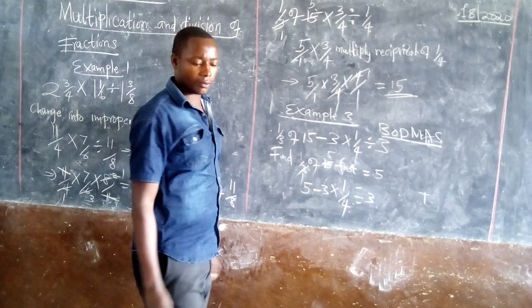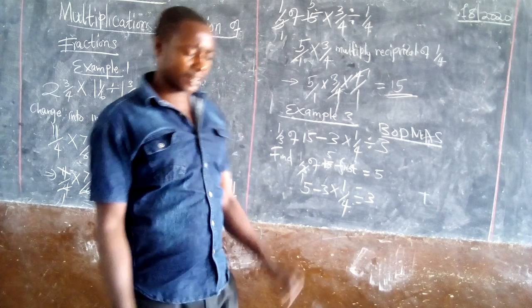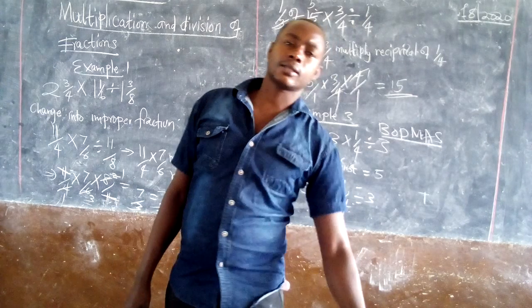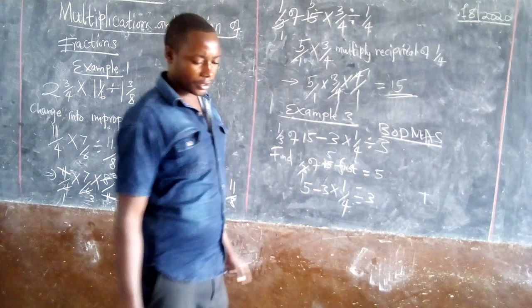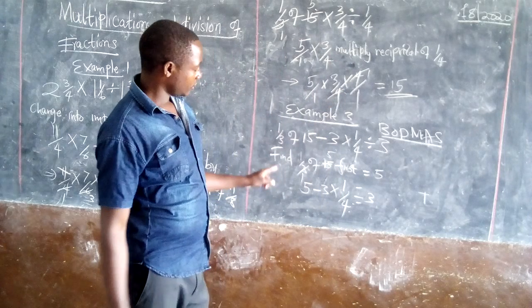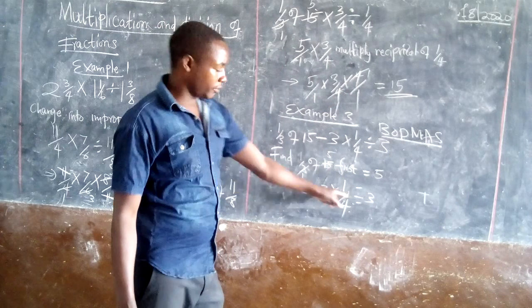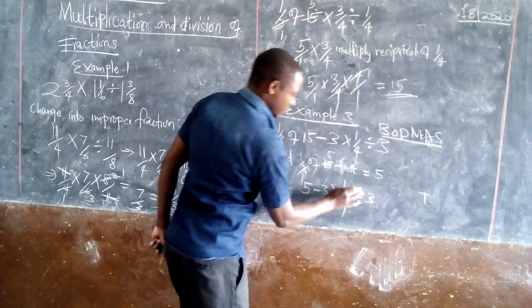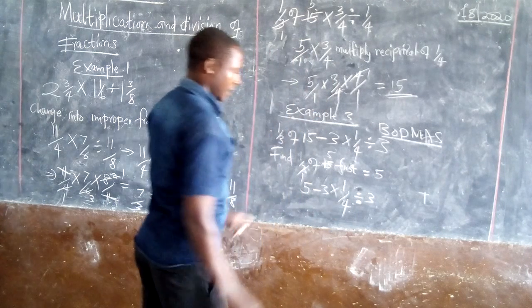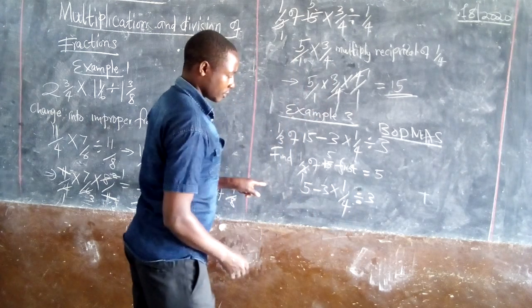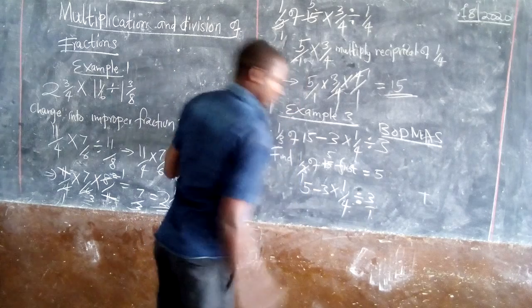Now we go to the next sign, and that is division. We work out this division. This is over 1.